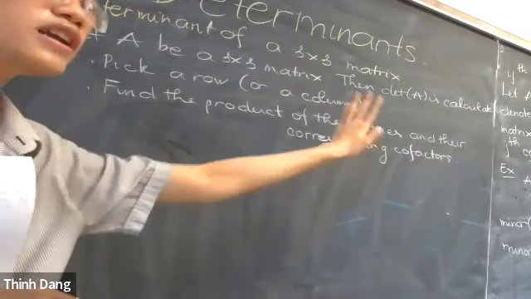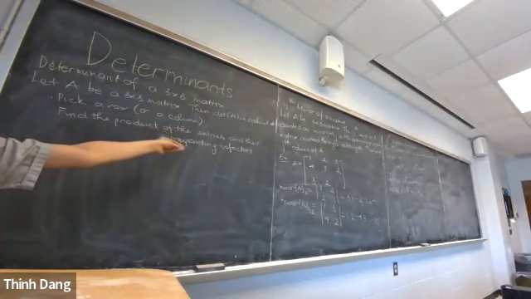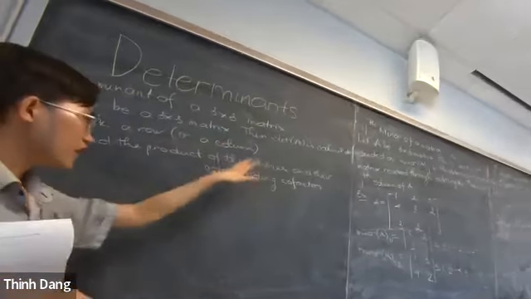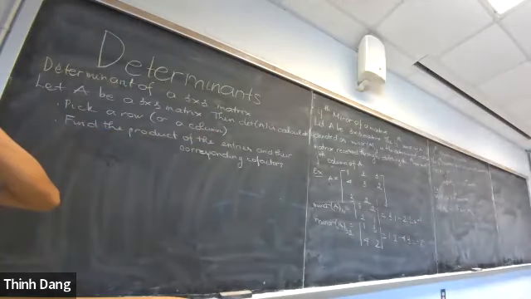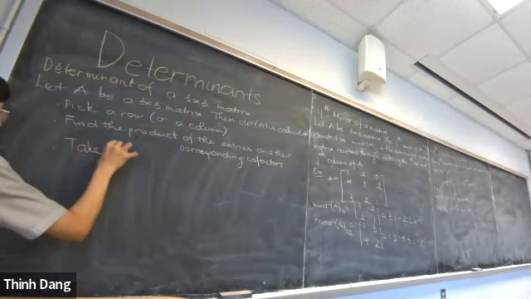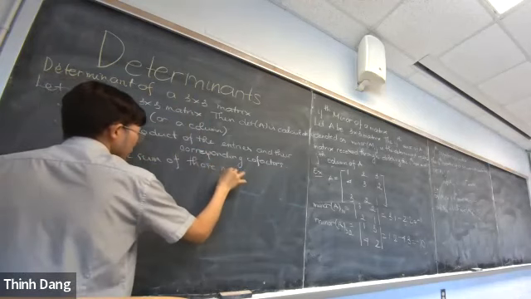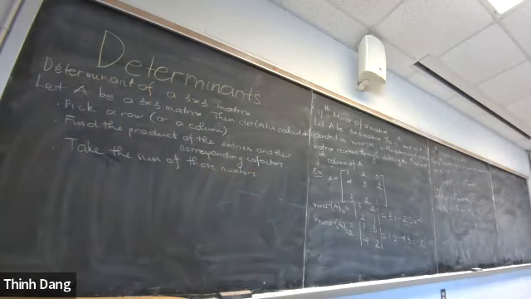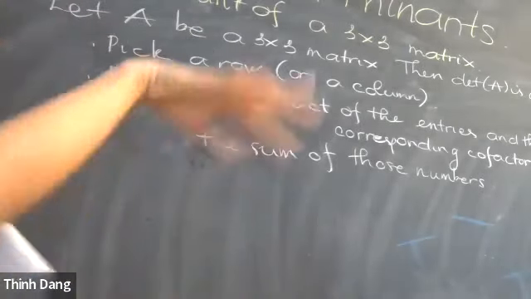The entries are numbers and the cofactors are also numbers, so we will be able to find the product of those two numbers. After you have found the product of each entry and its corresponding cofactor, we are going to take the sum of those numbers.